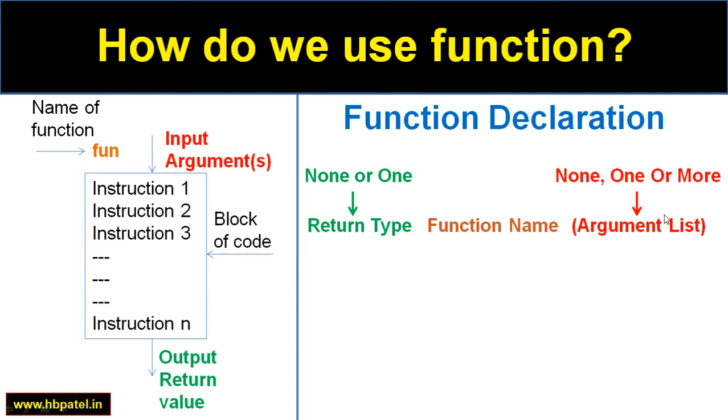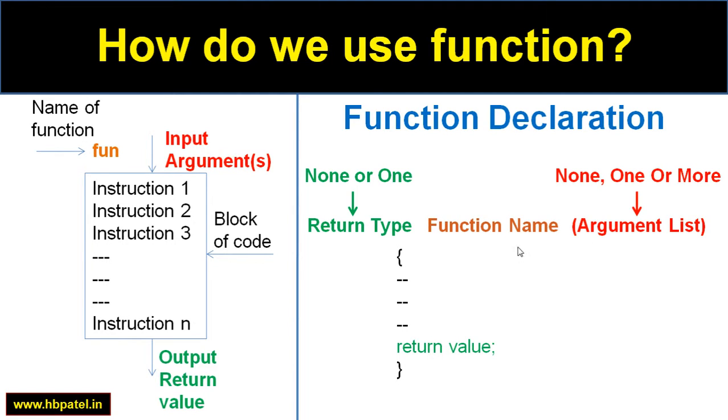If I am not passing any argument, the same special keyword void would be used here, and if I am providing some arguments, I'll be specifying the type of each argument. For example, if I'm providing one integer as input, then I'll be writing int. If I'm providing two integers, then I'll be writing int comma int. If one integer and one float, I'll be writing int comma float, and likewise.